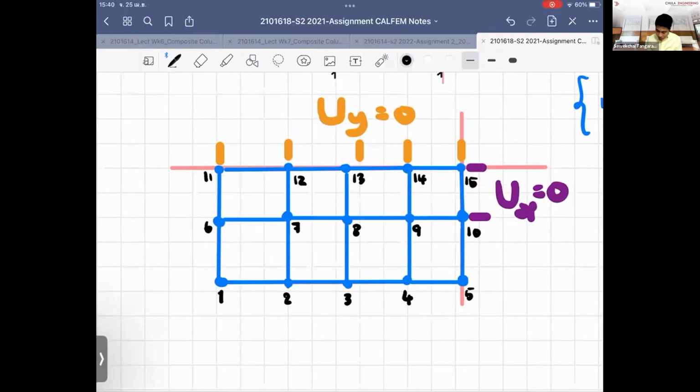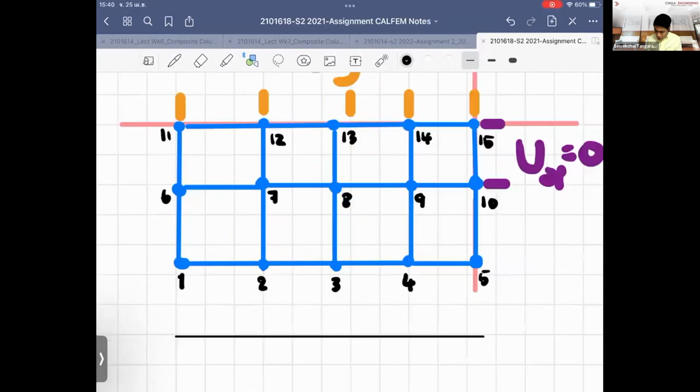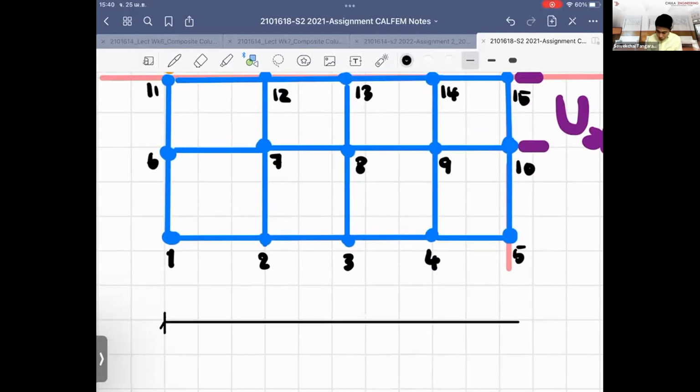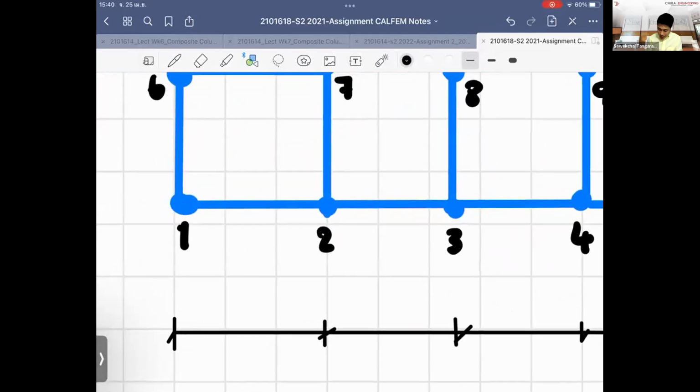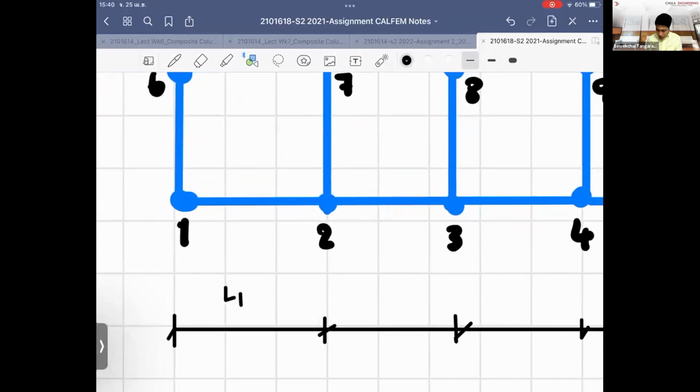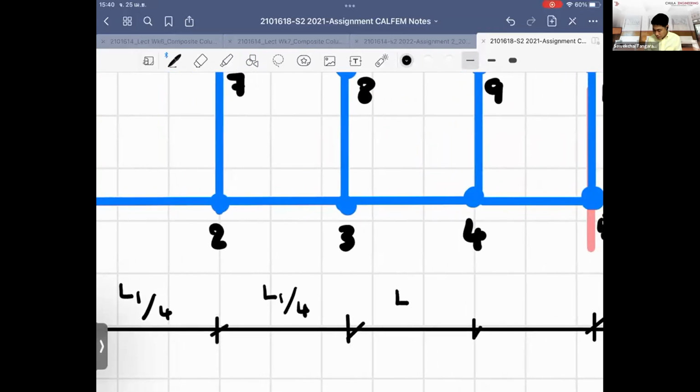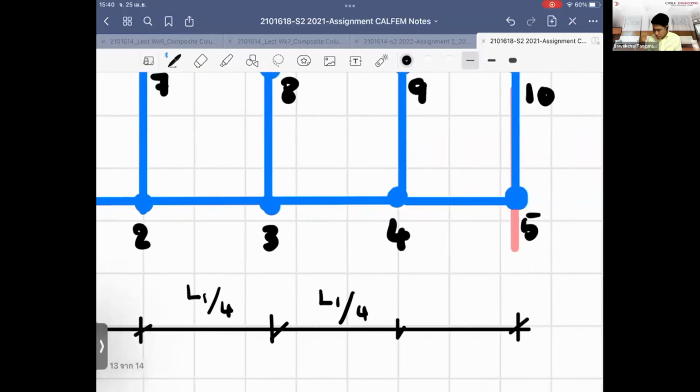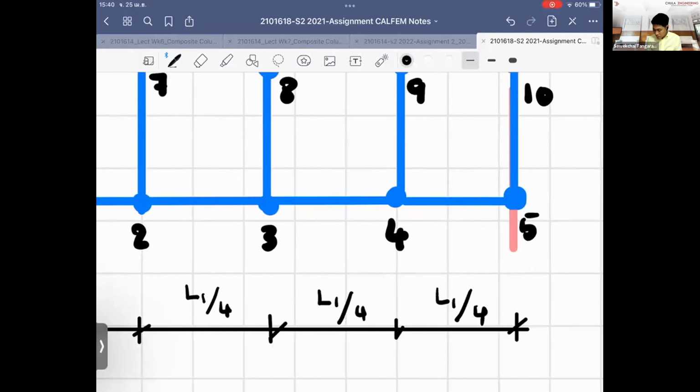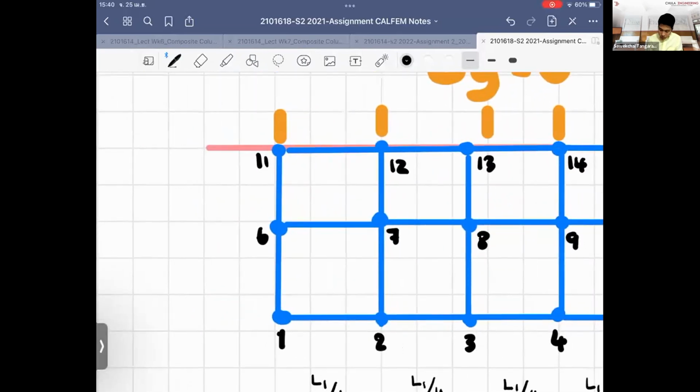And I might say that I want to divide the spacings of the element to be equal, right? Assume that this is to be equal. And if we want 4 elements along the length, the distance of this, you just take it to be equal, divided by 4. And this one as well.